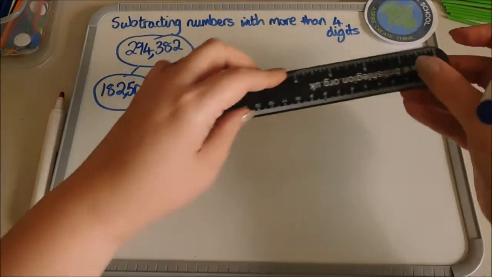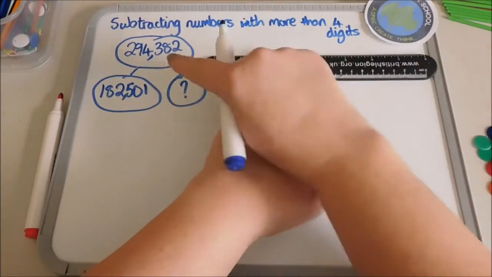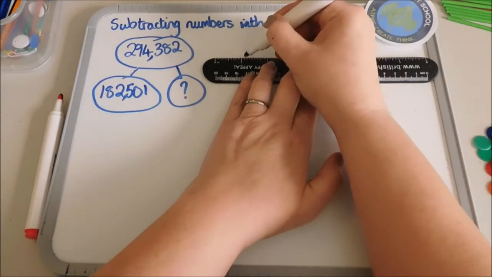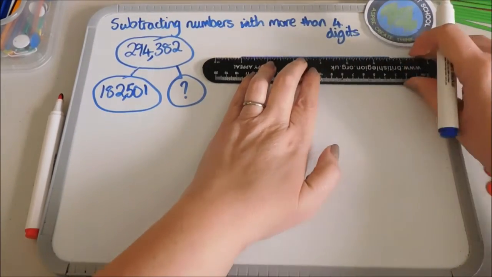So children can be shown this in a number of ways. This is a part whole model, but they could equally be shown it as a bar model.